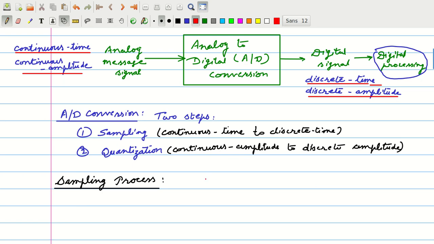The first step is to convert the continuous time part to the discrete time part, to discretize the signal in time domain, and once it has been discretized in time domain, the second step is to discretize it in amplitude from continuous amplitude signal. So the first step is known as sampling, converting continuous time to discrete time, or discretizing the signal on time axis, and then the second step, which is the discretization of the signal on amplitude axis, is called the quantization.